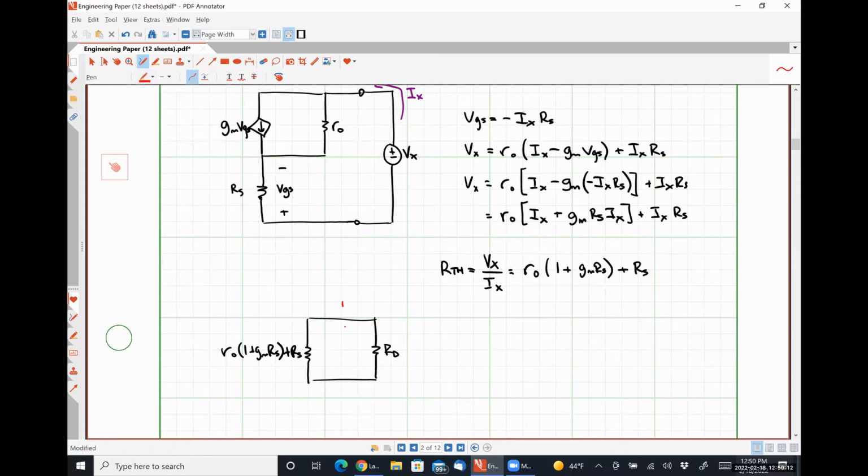To be clear, here's my dashed line. Here's my quantity V test. Here's my current I test.